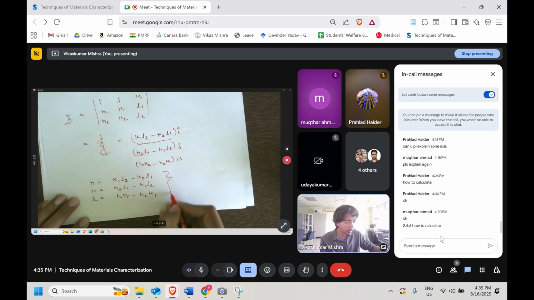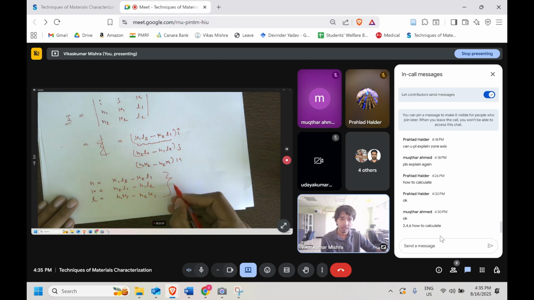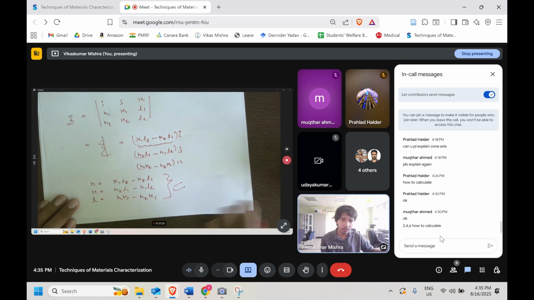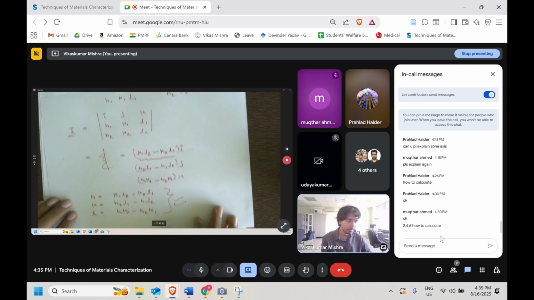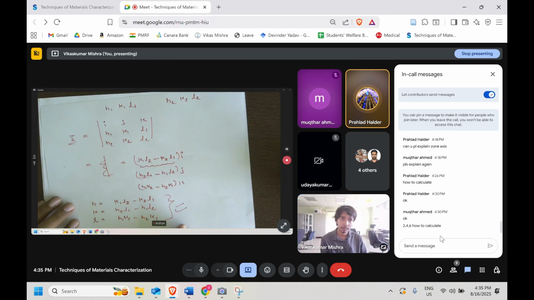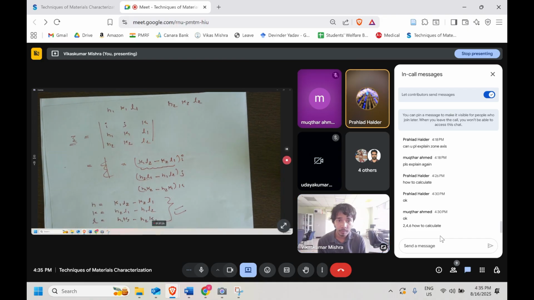This is how you can do it. This is a formula which you can use, but I won't suggest you memorize it. It's very confusing and at times you can forget. Better to use the method. Just 1 minute. See, you have made k1 l2 minus k2 l1, correct?